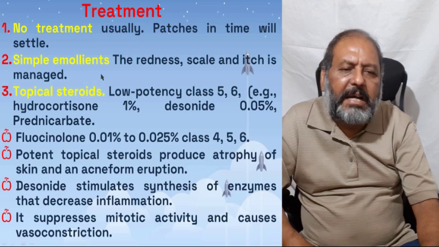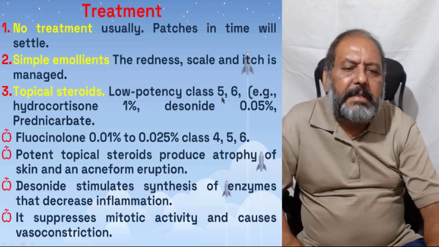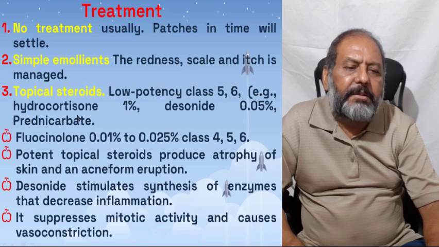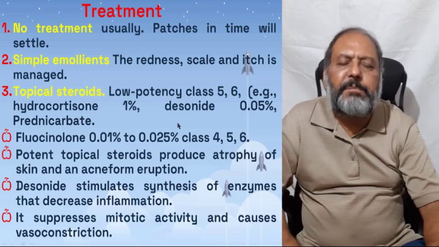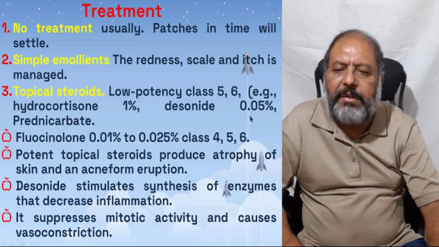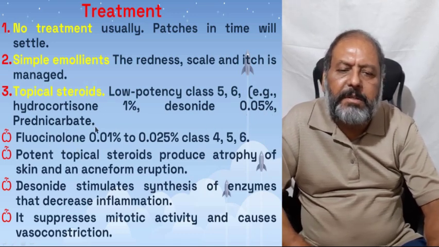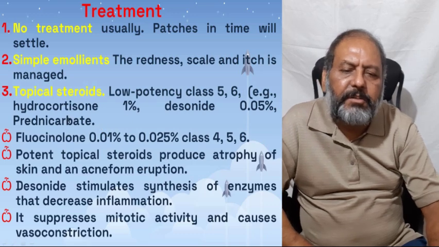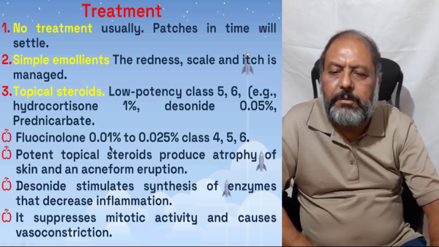These are grade 5 and 6, like hydrocortisone 1%, desonide 0.05%, and prednicarbate, which are permissible to be used on the face. Then fluocinolone 0.01% to 0.025%, class 4, 5, 6 can be used.